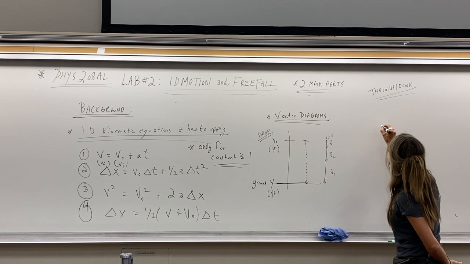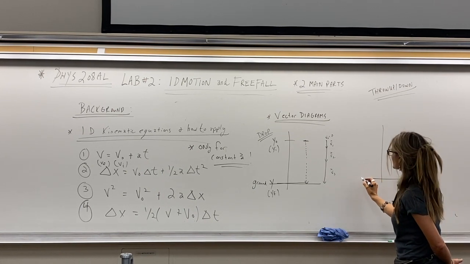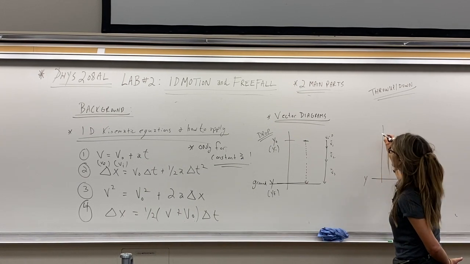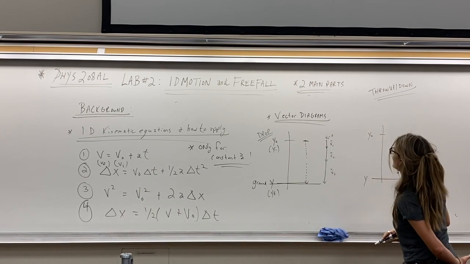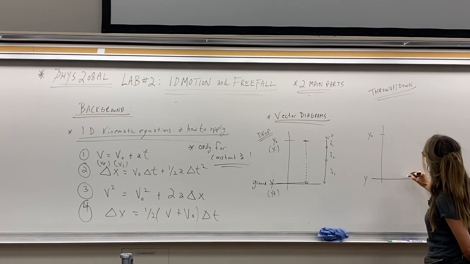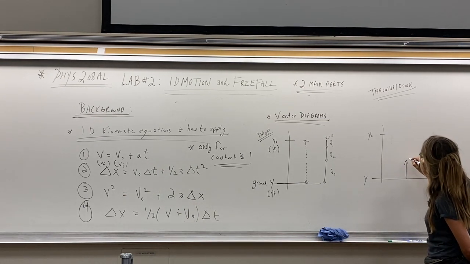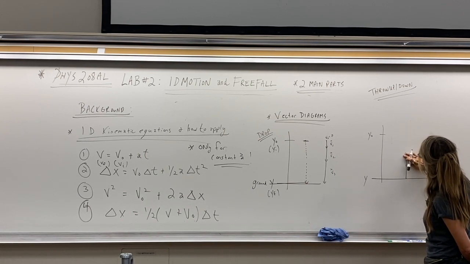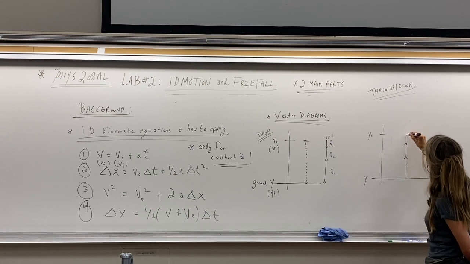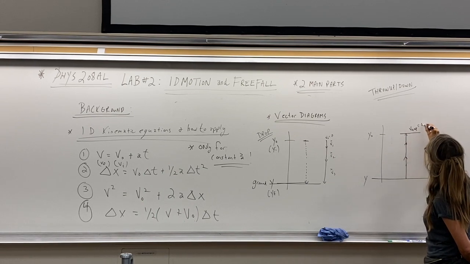In this case, we would represent it very similarly, graph y and y naught. Now we're going to throw it up, and we're going to start with a pretty high velocity, so it's going to go up, go up some more, and then it's going to slow down as it hits the top and get to v top, which equals 0.